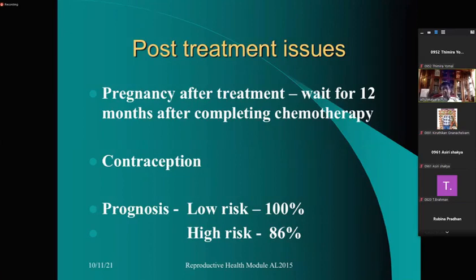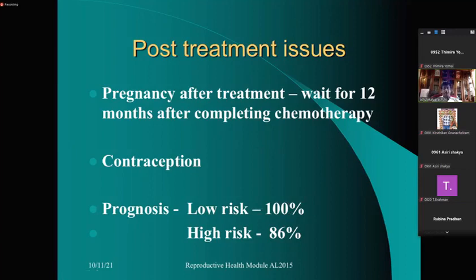Of course, provided they respond well. And the good thing about this choriocarcinoma is they respond very well to chemotherapy. For the low risk ones, I said single agent methotrexate; for high risk ones, multiple drug chemotherapy, they often respond. This is one of the cancers which sometimes have almost 100% survival.